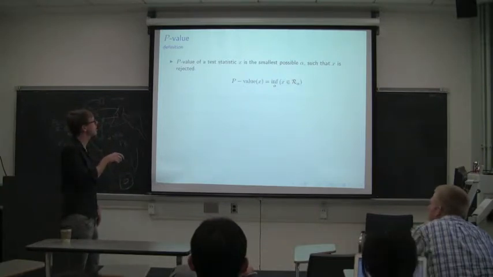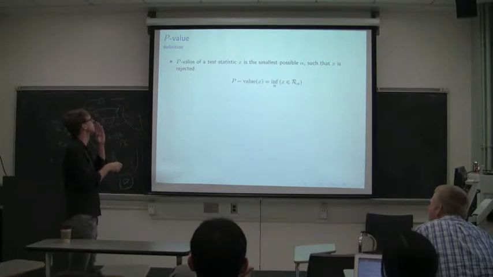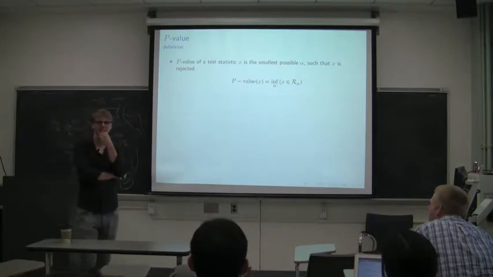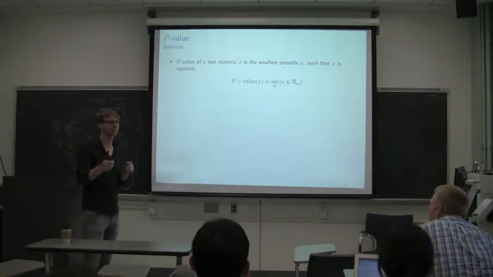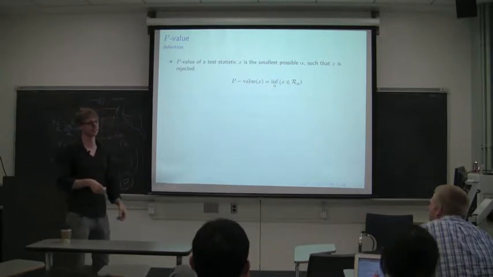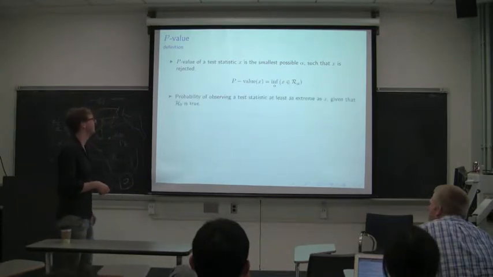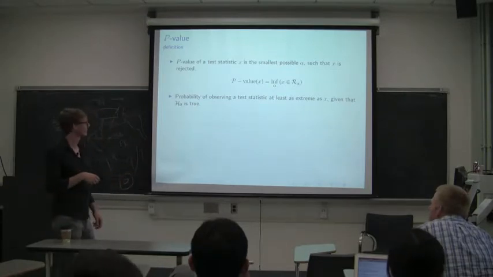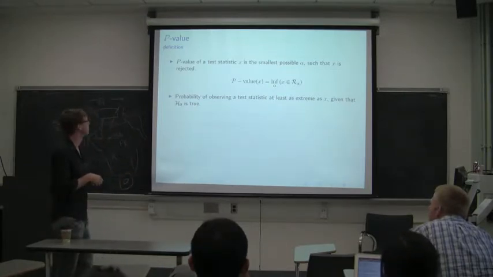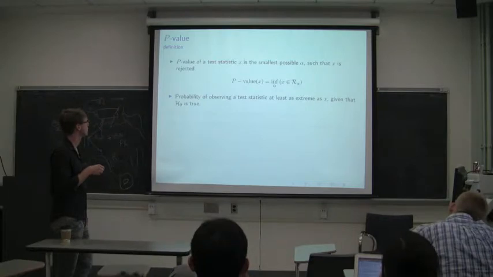No, wait a second. The infimum is the largest? Infimum is greatest lower bound. The greatest lower bound. So it's the largest one, such that you would just reject. Okay, yeah. I always mix up those with the argument.